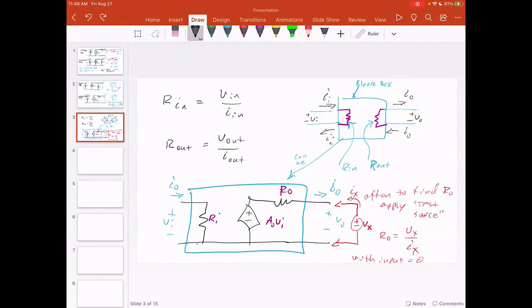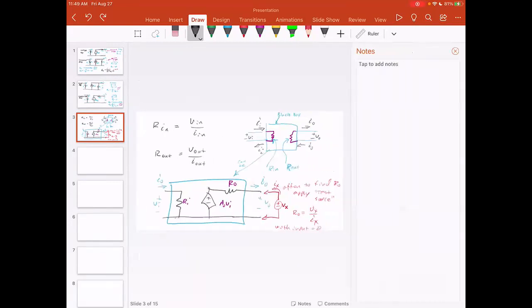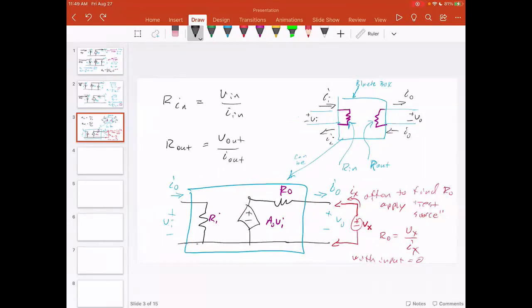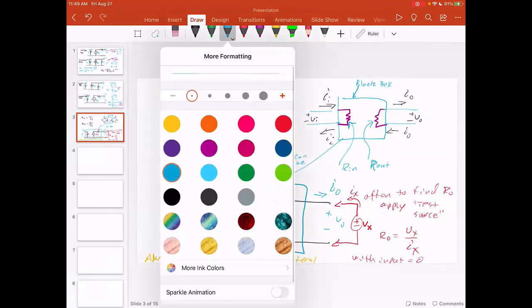Now, all of these models are assuming they are unilateral. So by unilateral, we're assuming that the signals flow from the input side to the output.